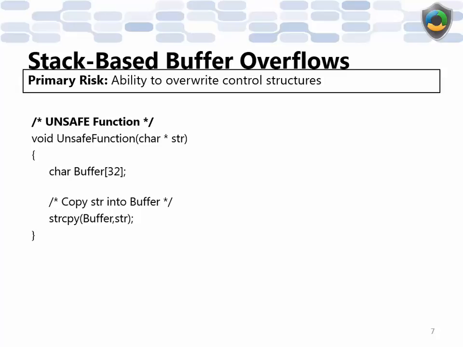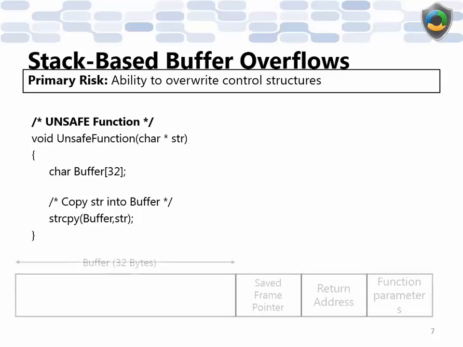Then it copies the input parameter, str, which is a character pointer, into buffer using a call to string copy. The assumption is that the str parameter will never exceed 32 bytes. And that's an incorrect assumption.